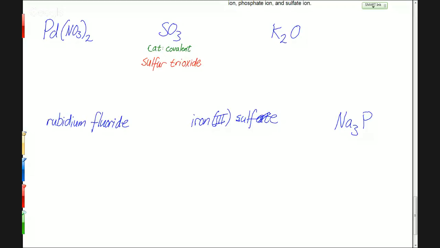Okay, let's look at the one next to it, K2O. Where do we put that one? What category does that go in? The categories are ionic with a fixed charge, ionic with a variable charge, or covalent. So this is fixed charge because potassium is over on the left.